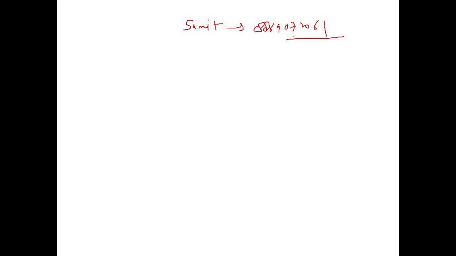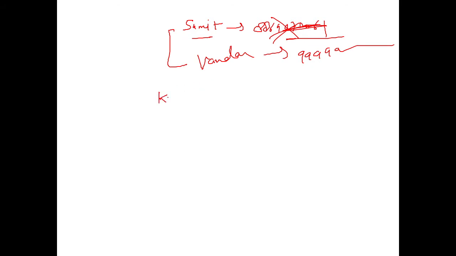Actually this is my number, right? Similarly you search for Vandan and you get his mobile number. So key value pair is not only about a phone directory, right?